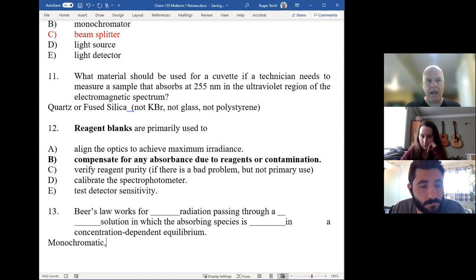And then through a dilute solution, and then your analyte cannot be in a concentration dependent equilibrium. So those are the answers there.